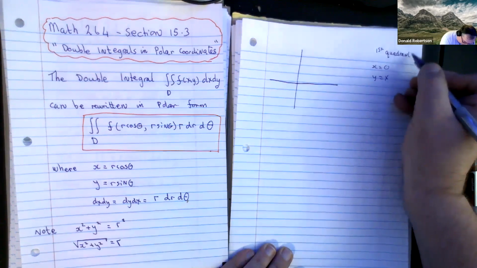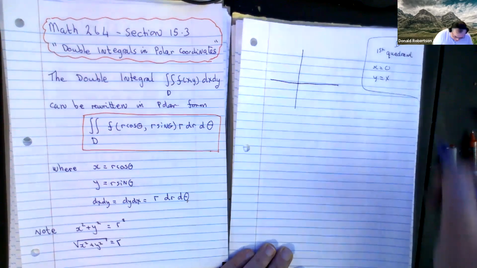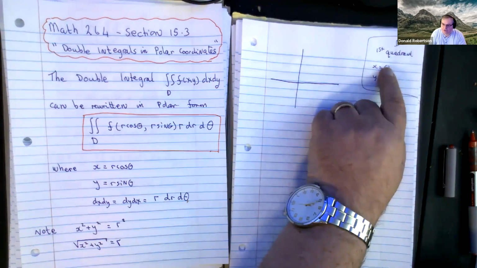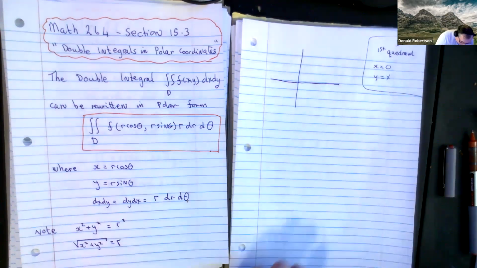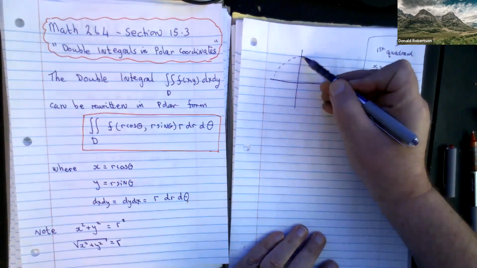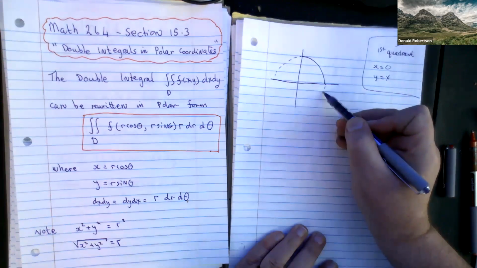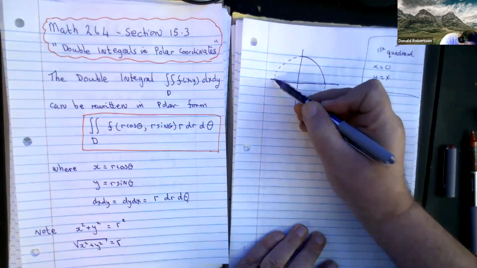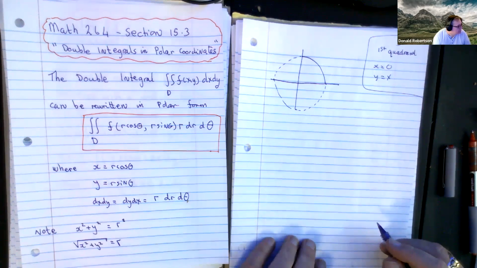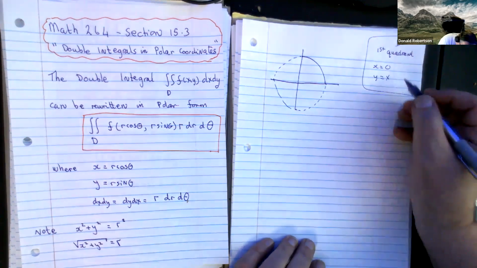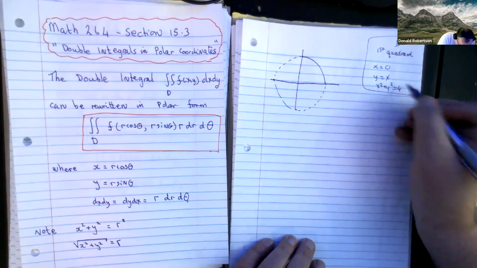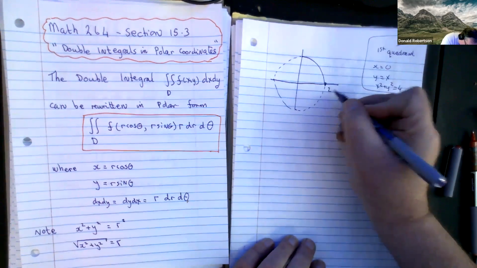So the region D is a circle in the first quadrant, x equals 0, y equals x. Right, now if you imagine an entire circle, it would look like that. Oh, and by the way, the circle is given as x squared plus y squared equals 4.